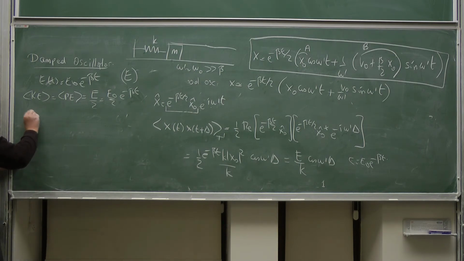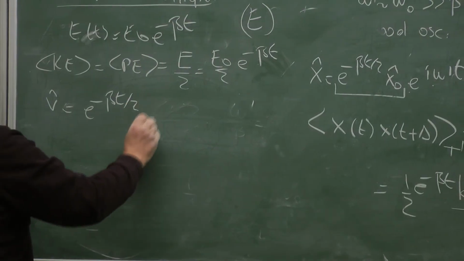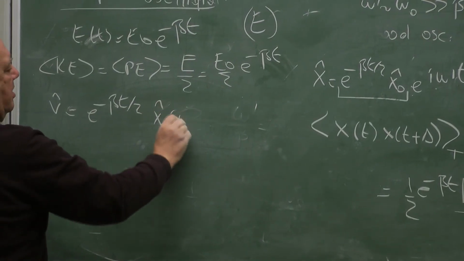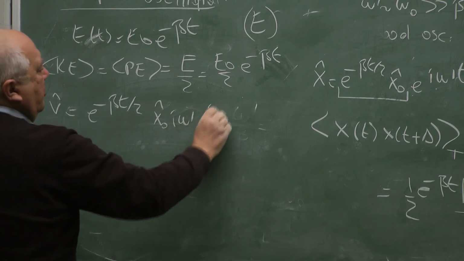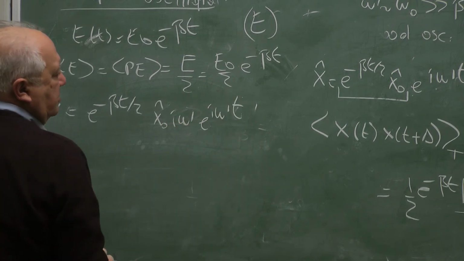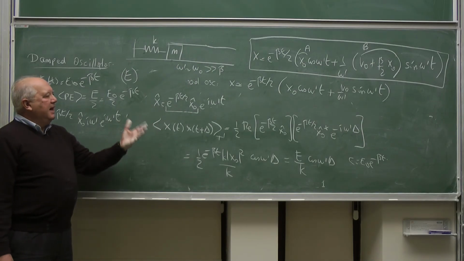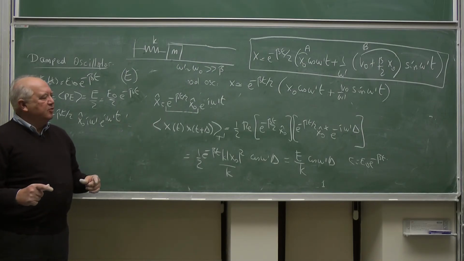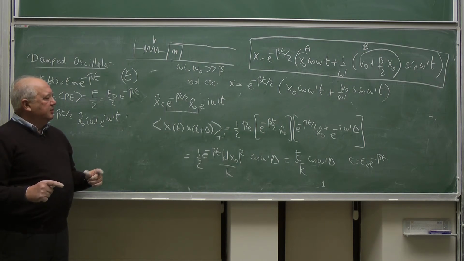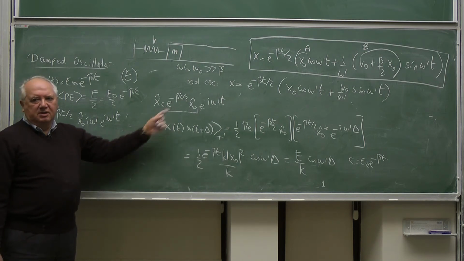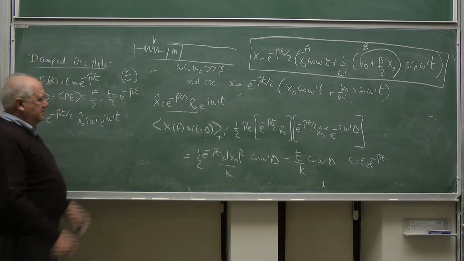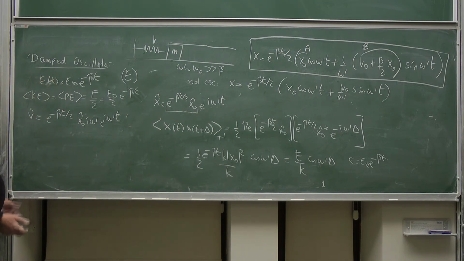Let's look at the velocity, v. That's e to the minus beta t over 2, x0 I omega prime, e to the I omega prime t. I'm differentiating this position. Again, since I will take the average in one cycle, during the cycle this doesn't change appreciably, we can treat it as a constant.